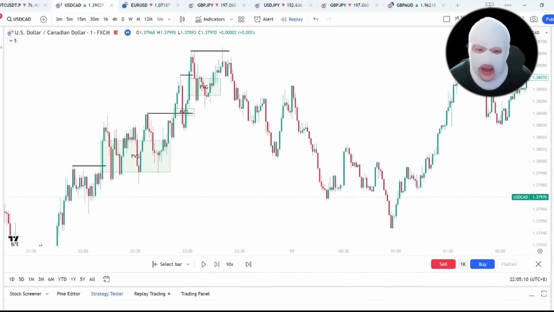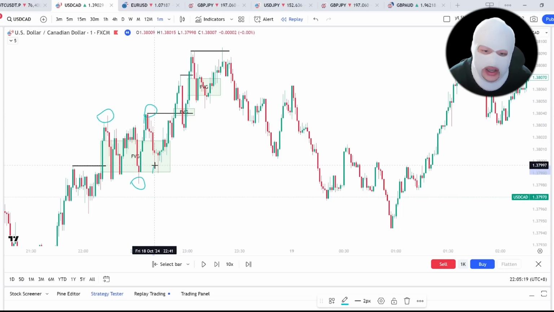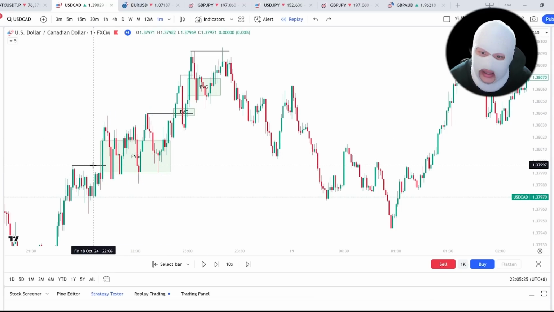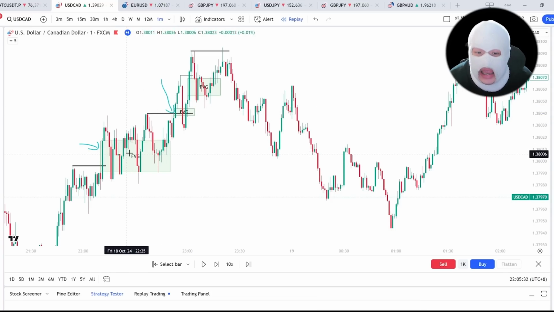Now let's say price is moving in an uptrend, creating a series of high highs and high lows. Every time price breaks structure to the upside, it creates inefficiencies or imbalances, like here and here. A demand zone is formed at these inefficiencies.